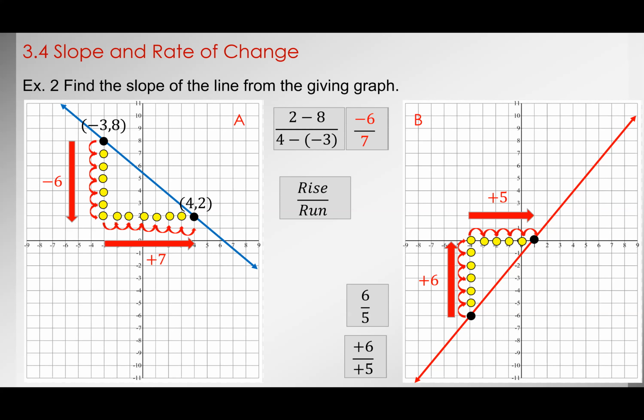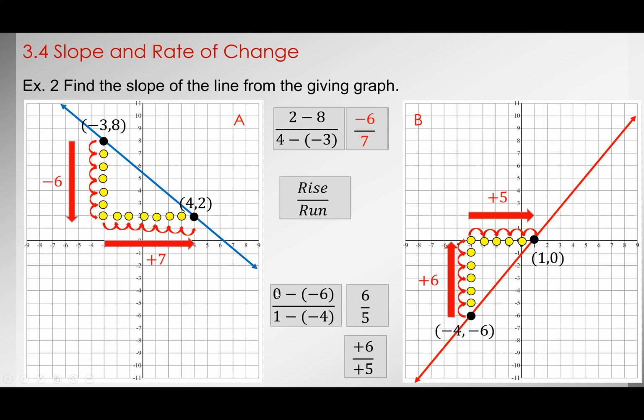This is one way, and hopefully you see that using the steps, how many steps did you take, is the same as identifying your points and plugging into your formula. If I identify my points, this is -4, -6, the first point I have. The second point is 1, 0.